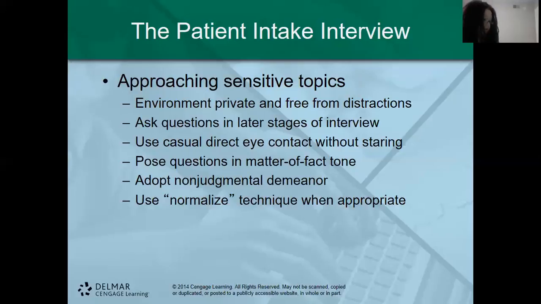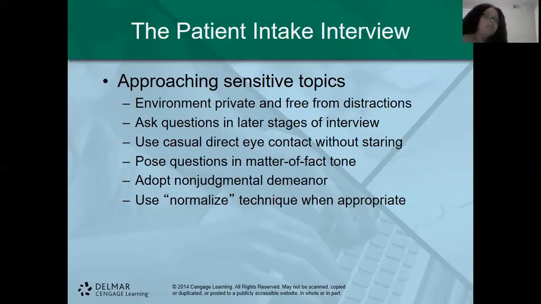This one is very important, because when you're dealing with patients, sometimes you have to ask them questions that they don't prefer to answer, like their orientation, or their mental health status, or their drug use, anything of that.